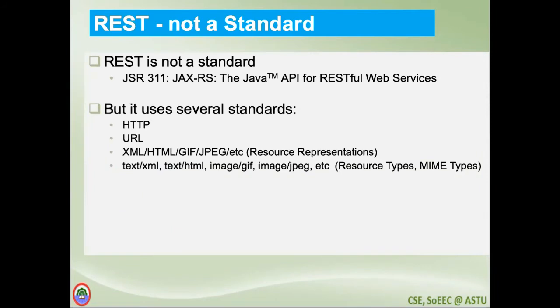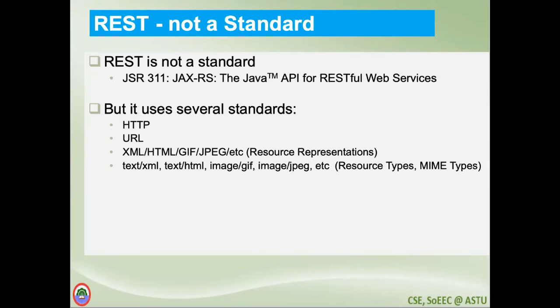Your response, your communication, your data can be represented not only in XML, in any form. You can exchange the data. That's one of the major capabilities of RESTful web services. If you take SOAP-based web services, the data should be supported in XML.